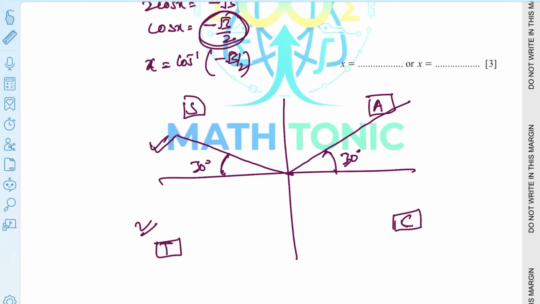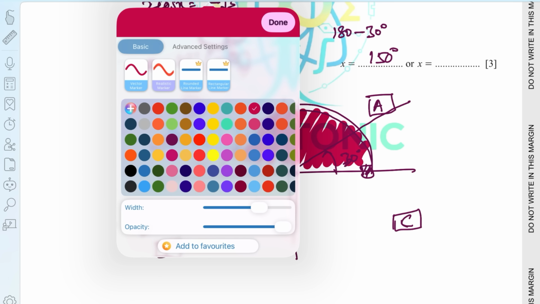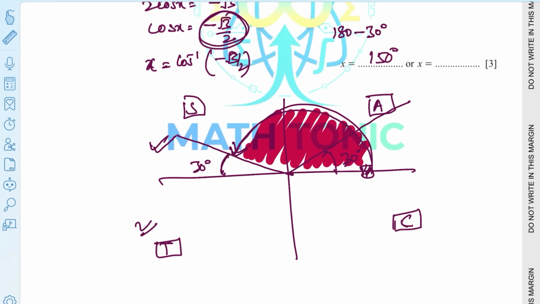Now you are here and I'm trying to find this angle. It will be 180 minus 30, which equals 150 degrees for the first angle. Got it? This angle will be 150, and the value will be negative. Next, cos is negative in the third quadrant as well.